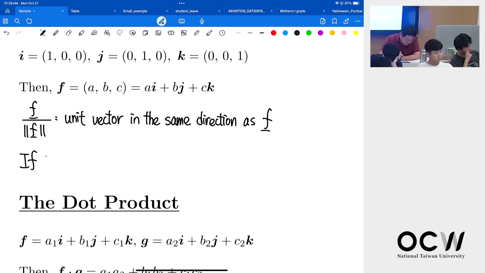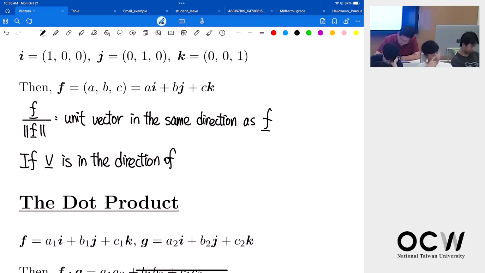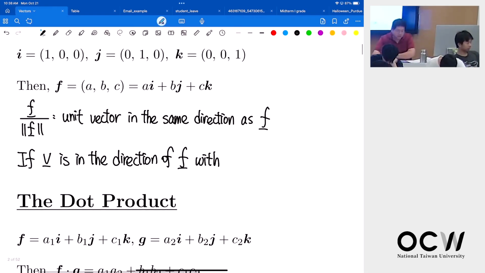So if I have another vector v, v is in the direction of f. And since it is a vector, I need the direction and also the magnitude.